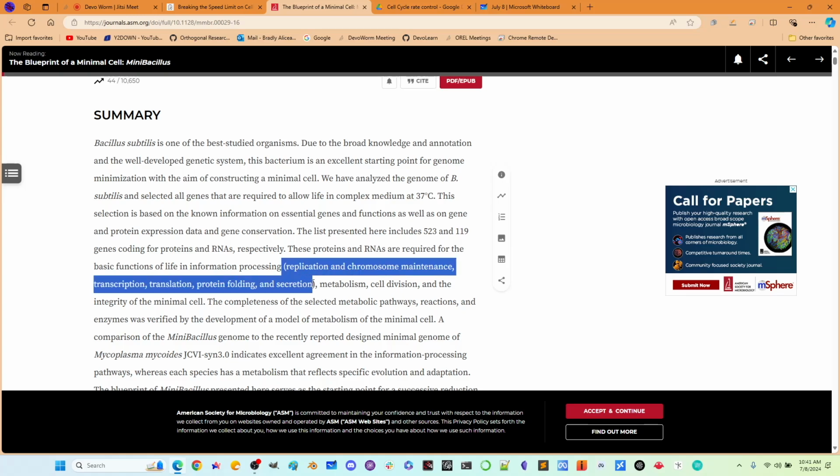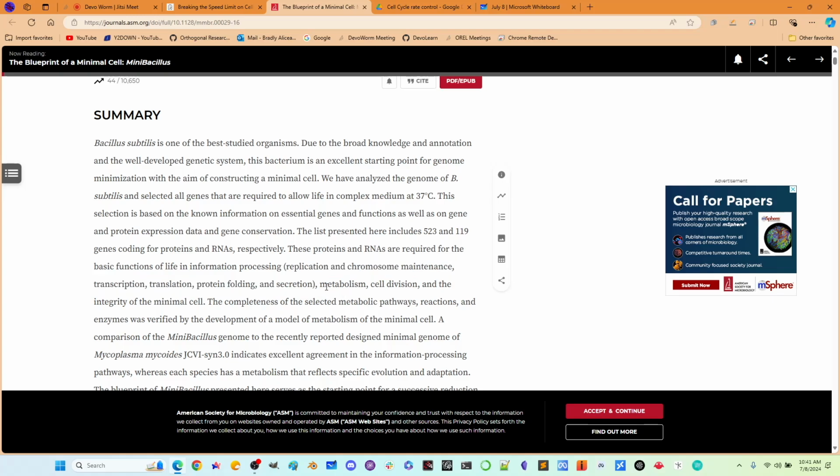So these are the key behaviors. You don't really get anything else, but you need these basic biochemical mechanisms to survive. You also need metabolism, cell division, the integrity of the minimal cell, which means just having a structural home for the other parts of the cell.